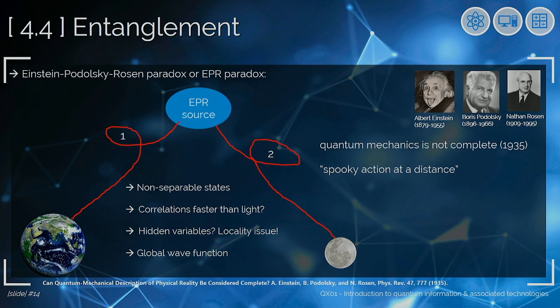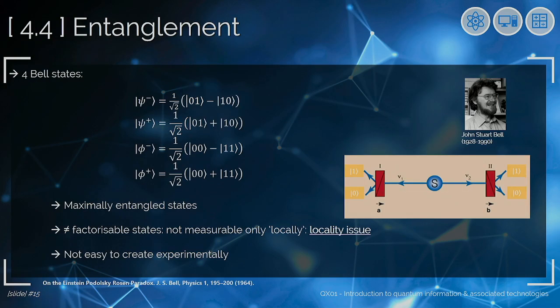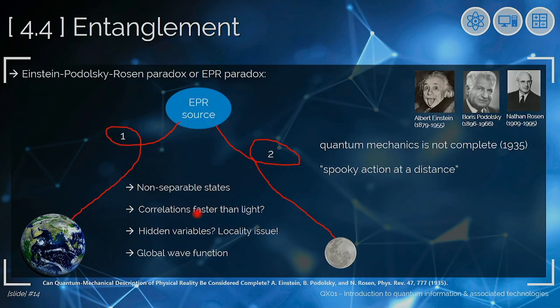Then they came up with other ideas, that there has to be something hidden in space, some hidden variables that would explain the fact that these two particles know of each other and yet are separated. They are entangled. And this global wave function would probably mean that, for them, the conclusion was that quantum mechanics was not complete. There was something wrong.